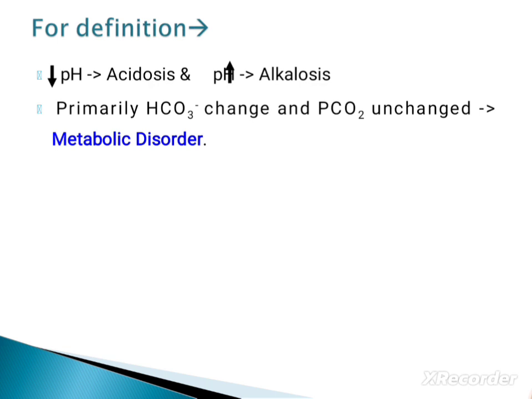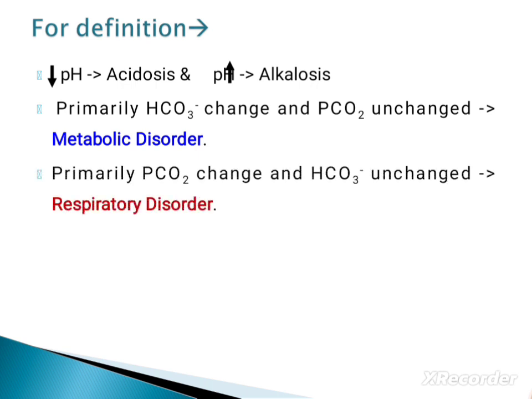It is called metabolic acidosis. If it is alkalosis, you will say like this: it is a clinical condition characterized by increased blood pH due to increased serum bicarbonate level, where partial pressure carbon dioxide will be unchanged.